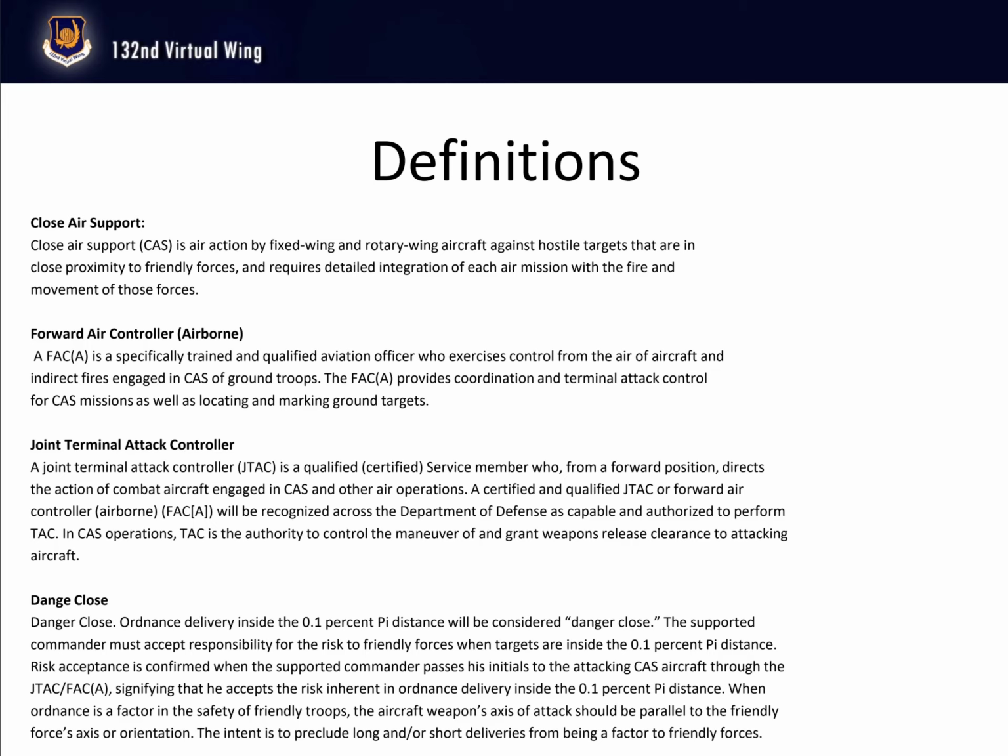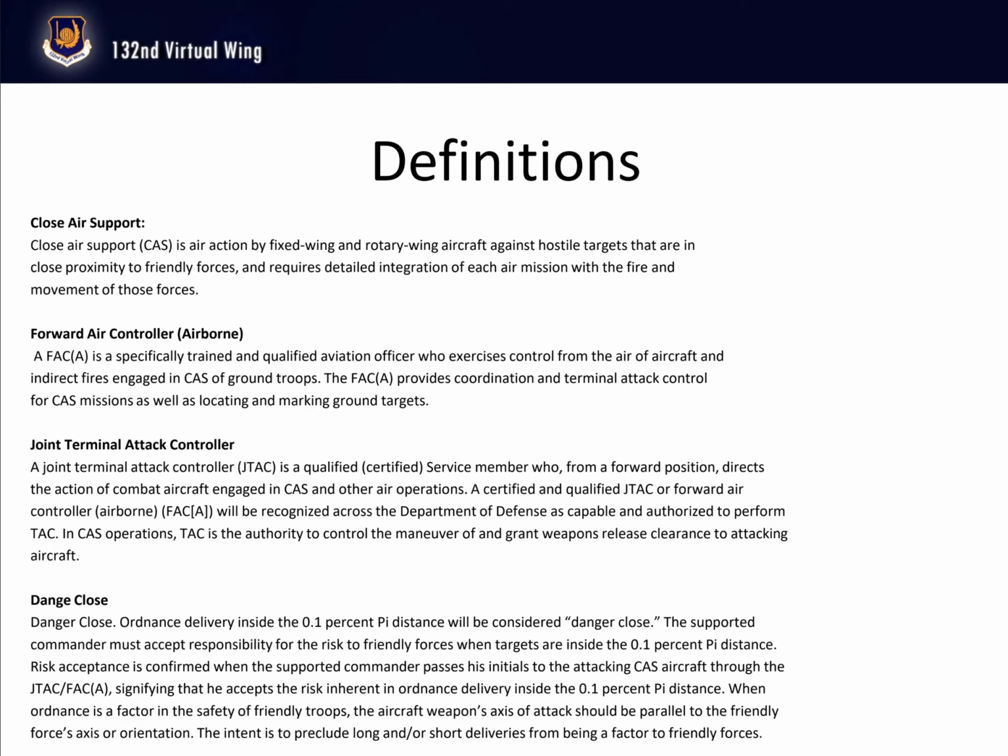Basically, there are some advantages and disadvantages for a FAC(A) as opposed to a JTAC. JTAC is doing the exact same thing, but he's on the ground. He's sitting with the battalion commander or the squad commander with the friendlies, and is doing the coordination from ground level. So each of them has its own advantages.